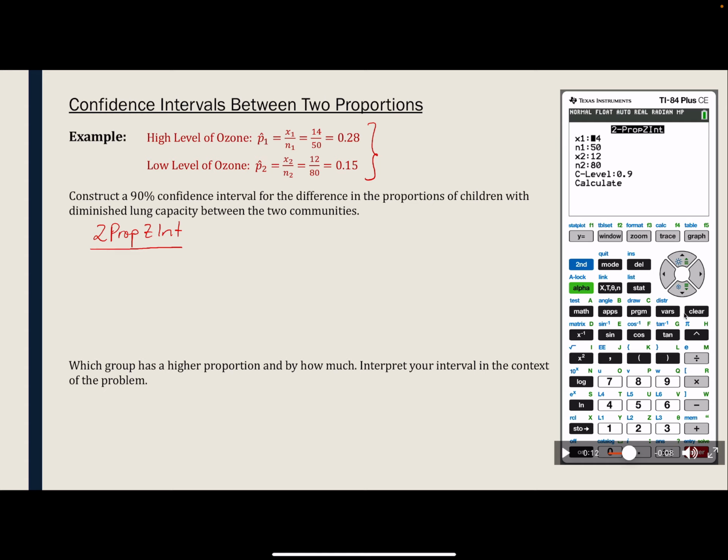Once you get here, we enter the first proportion as the number of successes over the sample size. So this will be 14 out of 50. And then the second proportion is 12 out of 80. And then we're looking at a C level of 90%.